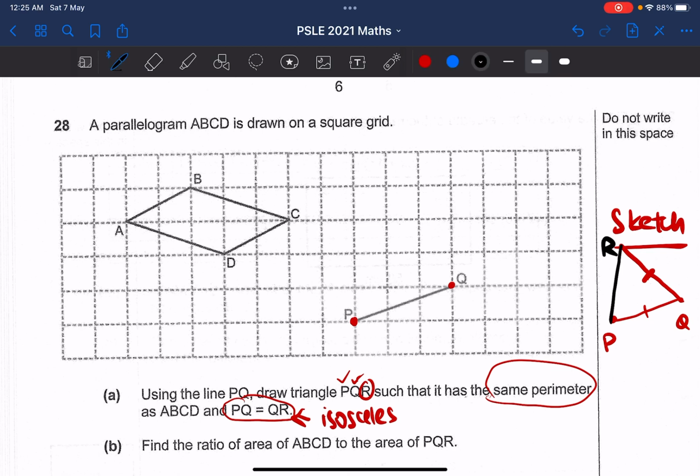Okay, so you see how important a sketch is? The sketch helps you see roughly how the isosceles triangle should look like. Now next comes the thing about how to get to the same parameter. Now if you take a look, we can't really count, but if you see this first line that I'm going to color in yellow, A and D, isn't it just the same as this line over here?